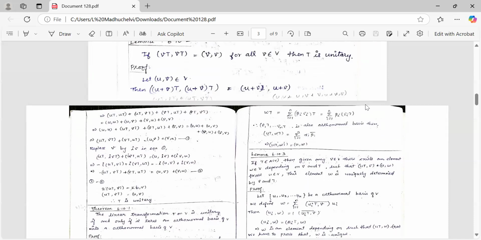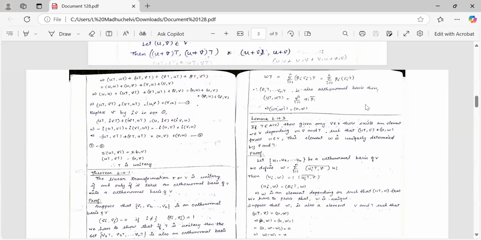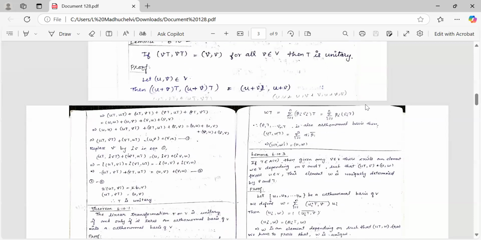Then the inner product of (U+V)T with (U+V)T equals, by the hypothesis, the inner product (U+V, U+V). Then we can expand this as (UT, UT) plus (UT, VT) plus (VT, UT) plus (VT, VT). But we know (UT, UT) equals (U, U).